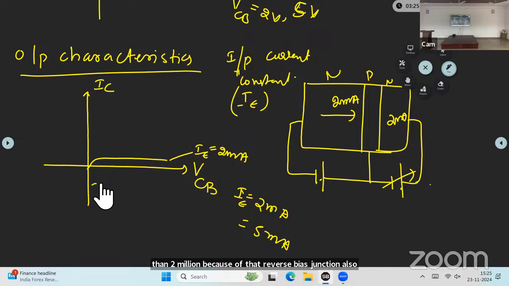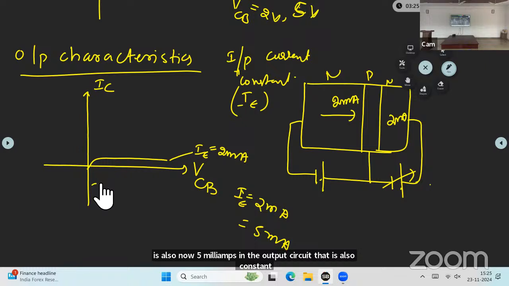Now, by varying this bias, you can increase the input current to 5 milliamps. So what is the output current now? That is also 5 milliamps in the output circuit. That is also constant while increasing the collector base voltage.